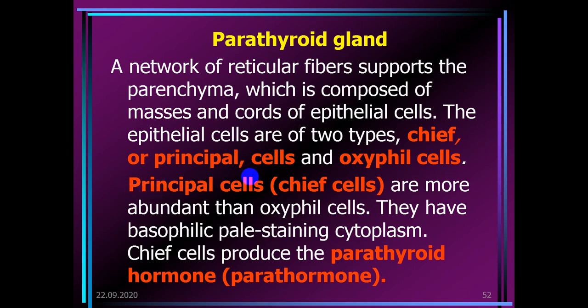Principal cells, also called chief cells, are more numerous than oxyphilic cells. They have a pale basophilic cytoplasm, but have blue granules in the cytoplasm. And these cells produce the parathyroid hormone, or simply parat hormone.